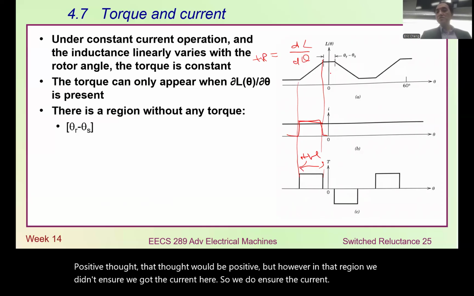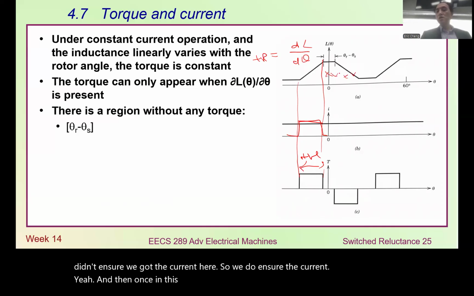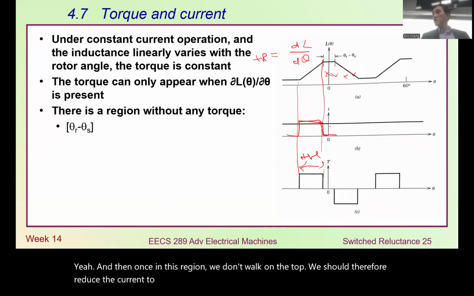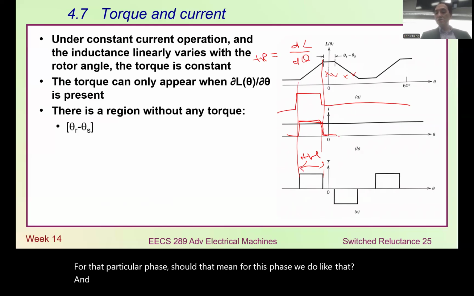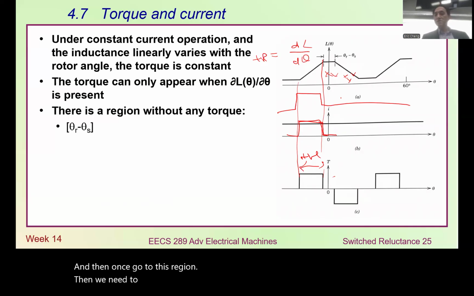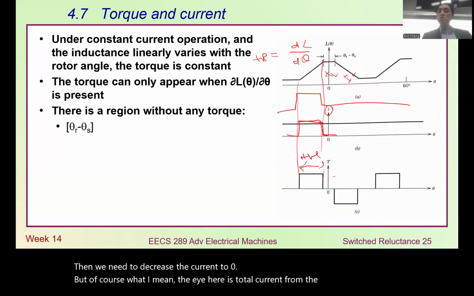And then once in this region, we don't want any torque, we should therefore reduce the current to 0 for that particular phase. So for this phase, we do like that. And then once we go to this region, we need to decrease the current to 0. But of course, the I here is the total current from the input, so this I should go to other phases.